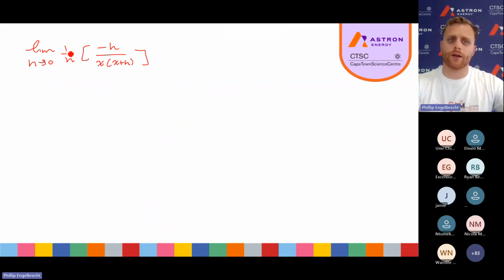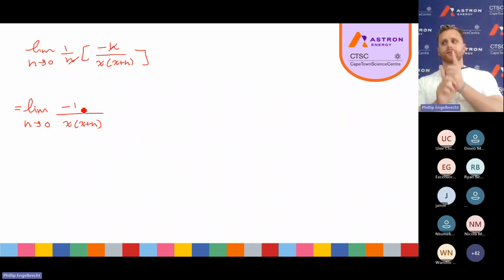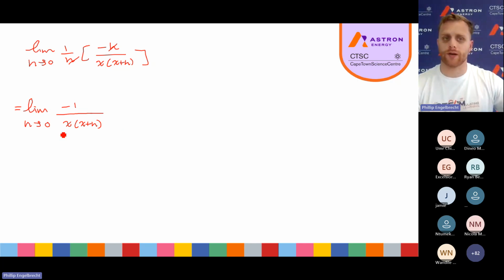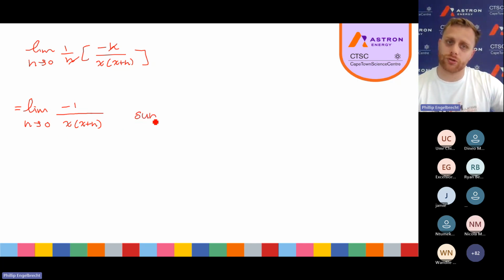I have a 1 over h multiplied by the h. So these h's are going to cancel. So this is equal to the limit as h tends to 0 of negative 1 over x times (x plus h). Once you have cancelled that h out, then you can get rid of this. So then what I do is I substitute h is equal to 0.